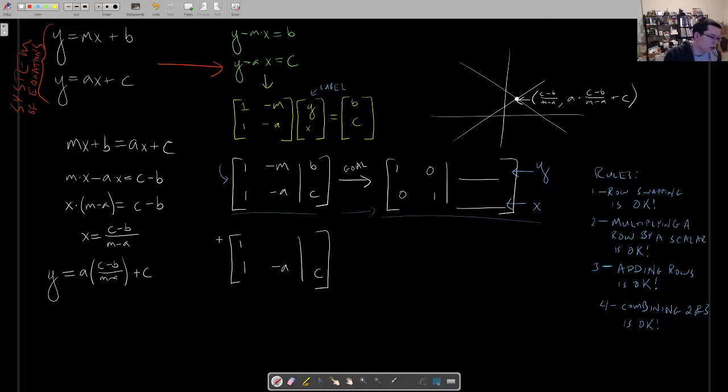And so we're going to say row 1 plus negative m divided by negative a times row 2.